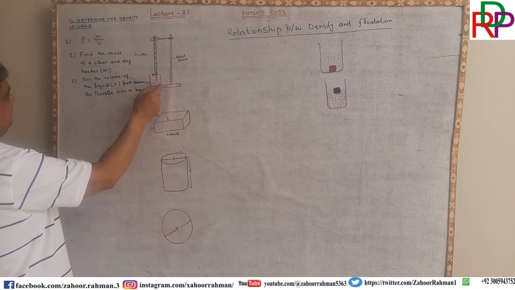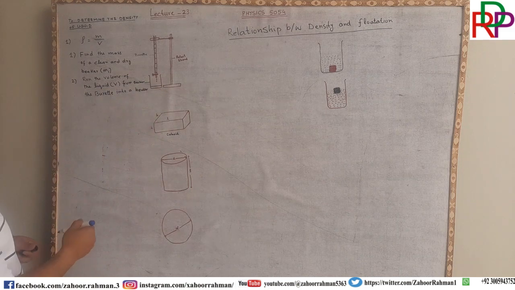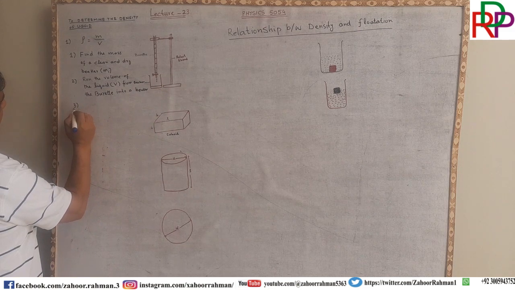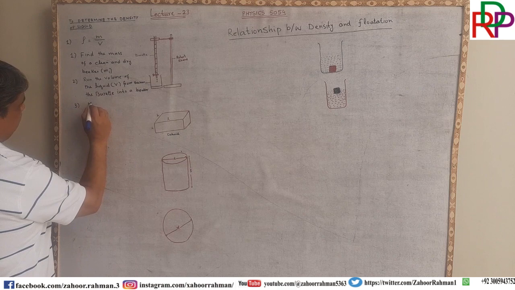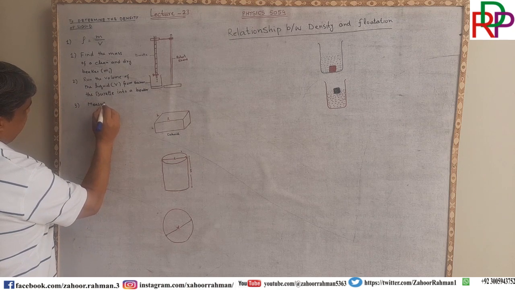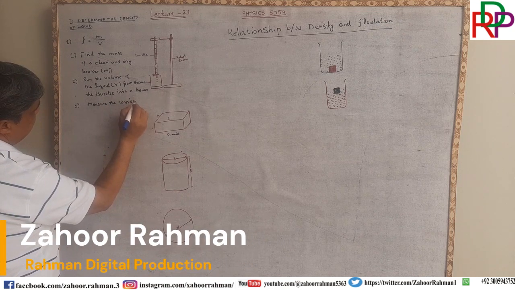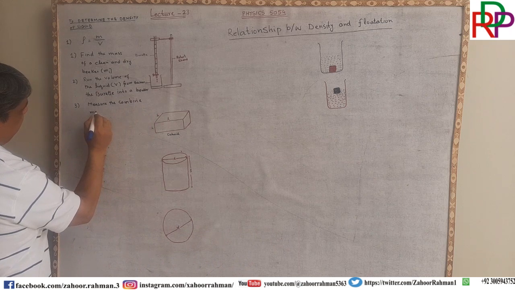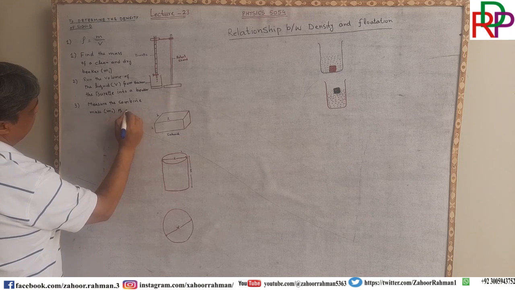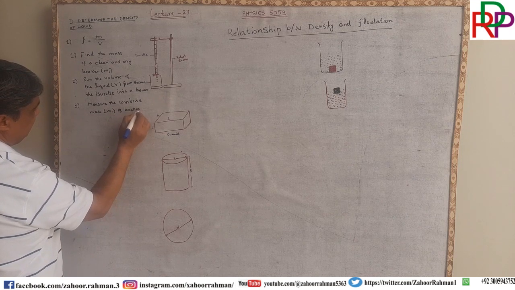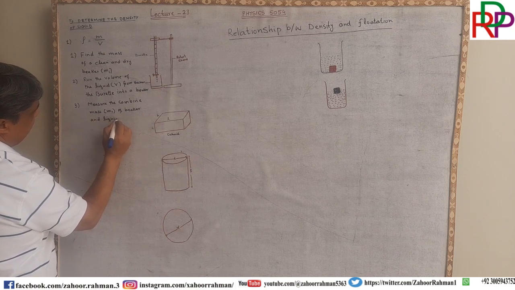The liquid will increase the mass of the beaker, and the third step is to measure the combined mass, and that will be M2, of beaker and liquid. That's it, ladies and gentlemen.